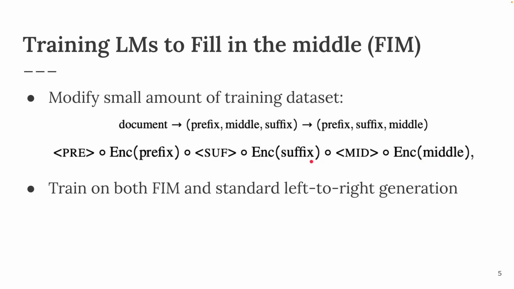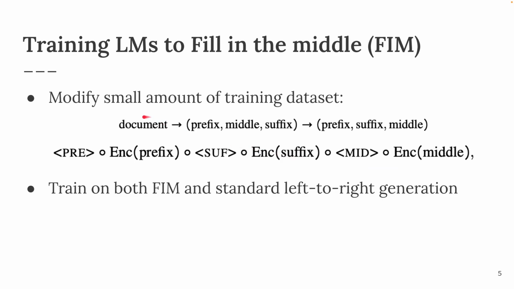This is how it's done during training. They prepare a small portion of the data set like this, prefix, suffix, middle, and given prefix and suffix, they predict the middle. During inference, they prepare a prefix and a suffix, and then they put the middle token, and then they generate a middle. So that's how this is used.